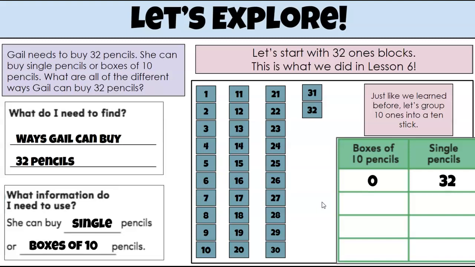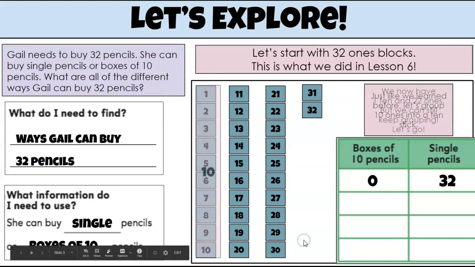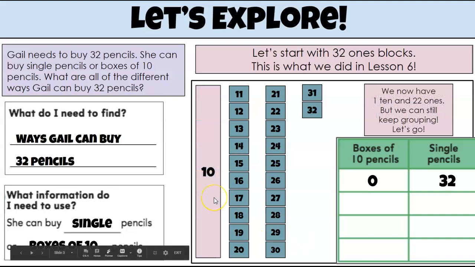Just like we learned before, let's group 10 ones into a 10 stick. So we're going to take 10 of these and group them together. How many 10s do I have here? Now I'm going to have one box of 10 pencils right there, and I'm going to have 22 single pencils.